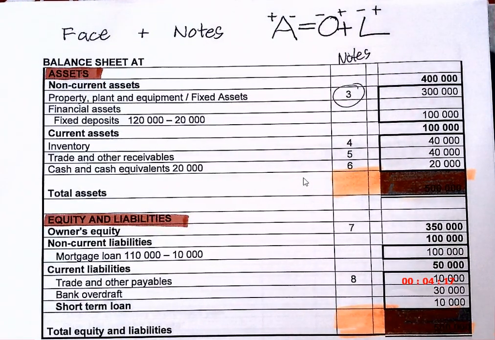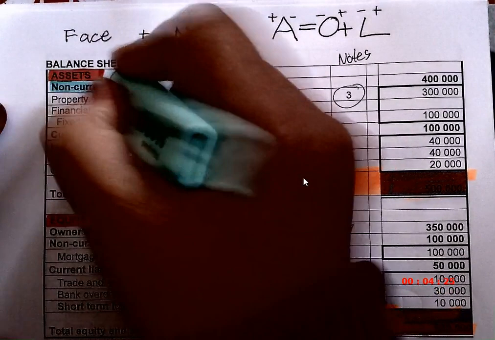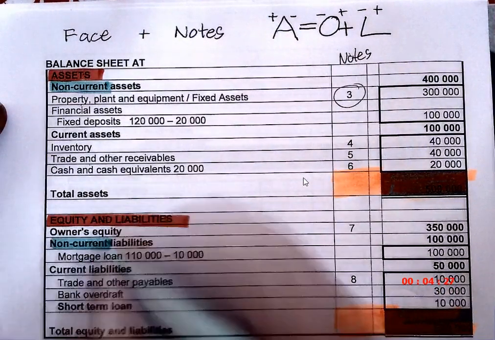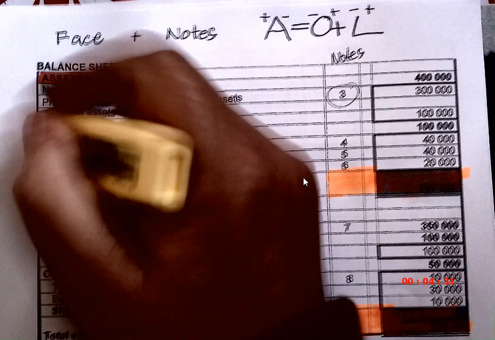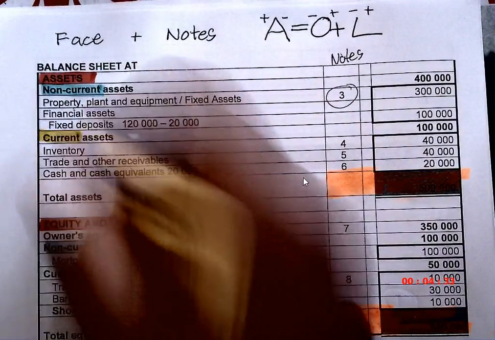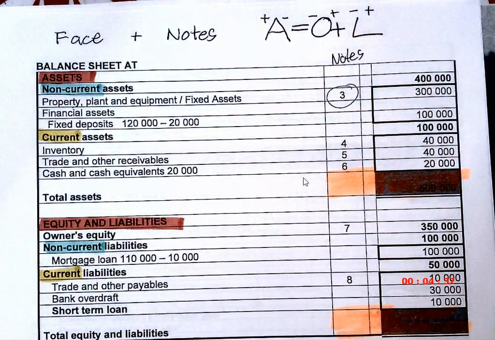The second thing I want you to see is the words current and non-current. Can you see here's a non-current and a non-current. Here's a current and a current. So what is that? The difference between non-current and current is 12 months.